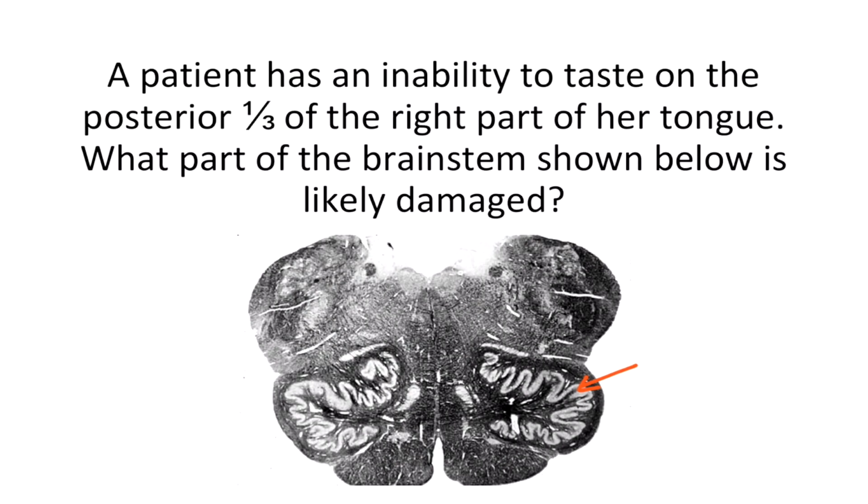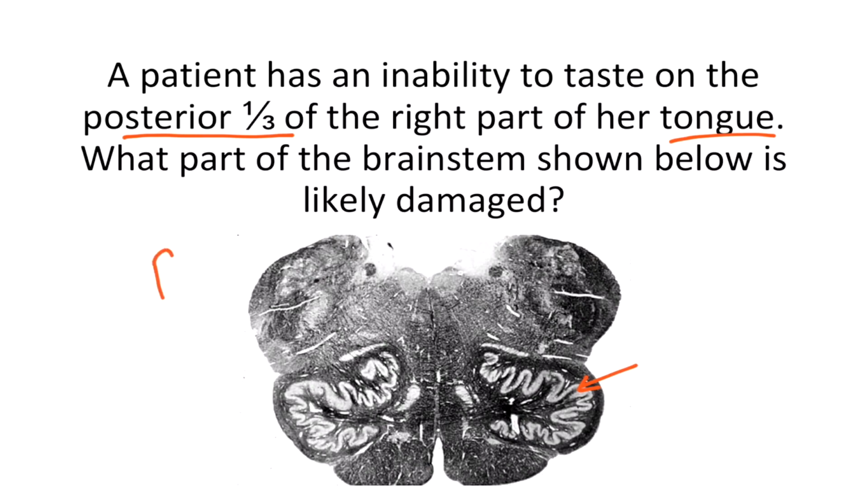You also need to remember from table 8.1 that cranial nerve 9, or the glossopharyngeal nerve, is responsible for taste and general sensation of the posterior 1/3 of the tongue. Because this patient's right tongue is affected, we can deduce that the right side of the brainstem must be affected.